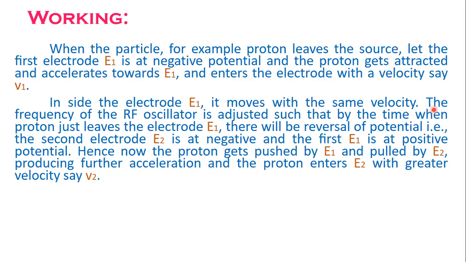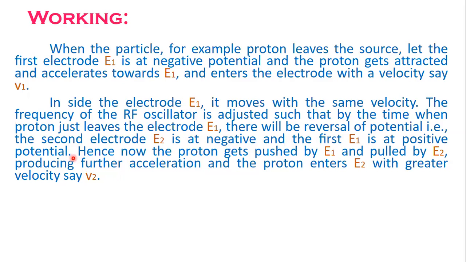The frequency of the RF oscillator is adjusted in such a way that by the time the proton just leaves the first electrode E1, the reversal of potential takes place. As a result, now the second electrode is at negative potential and the first electrode is at positive potential.